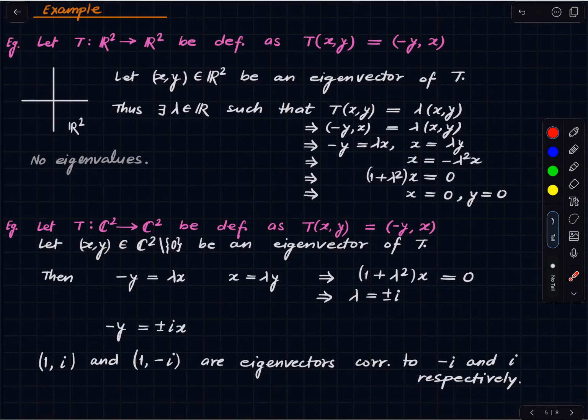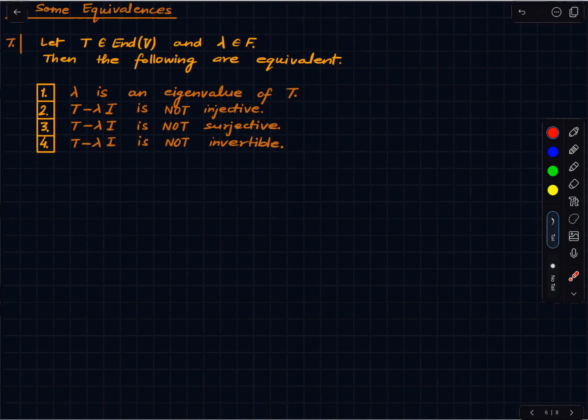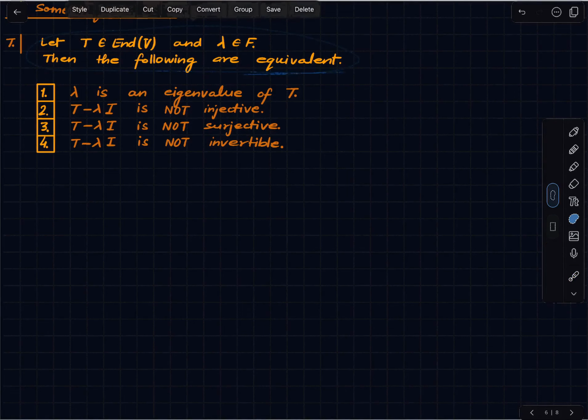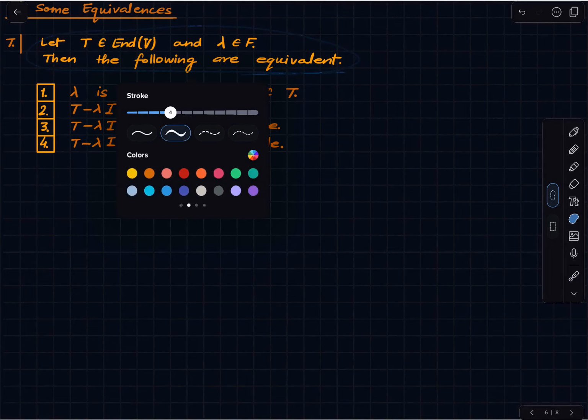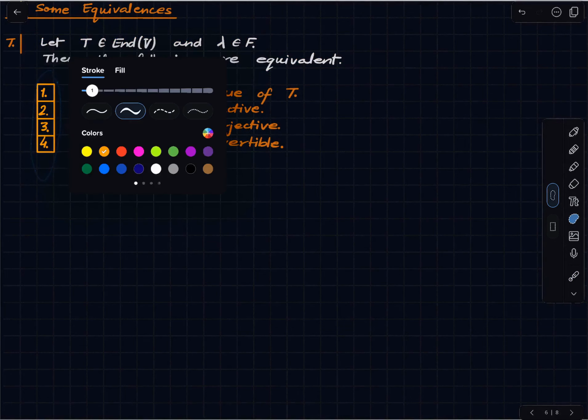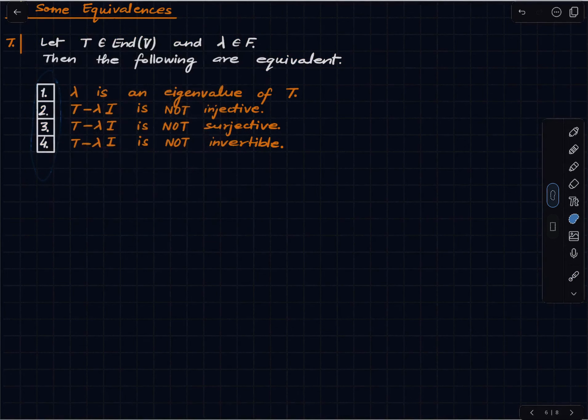Okay. So let's finish with, I think this is the last thing for this lecture, a small lemma, if you will. So fix some endomorphism T and some scalar lambda, then the following are equivalent.